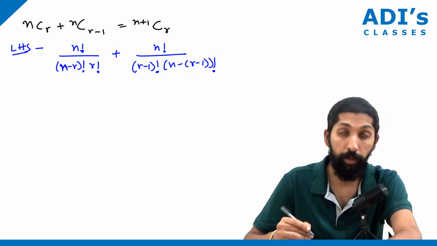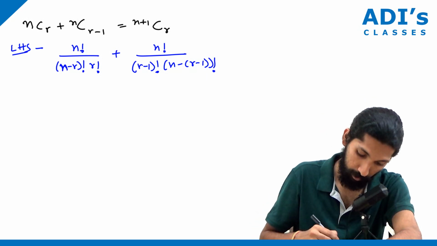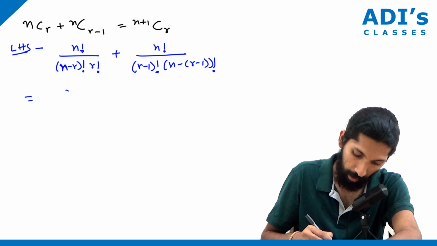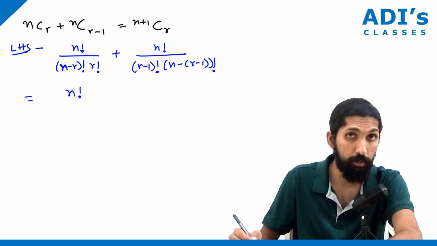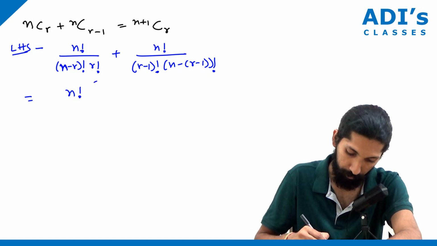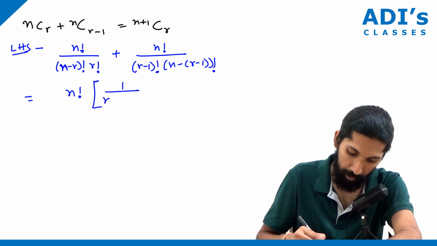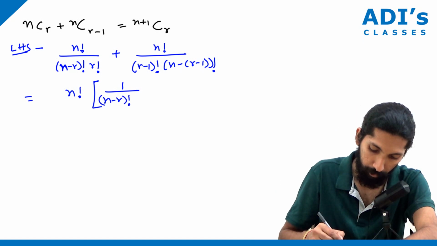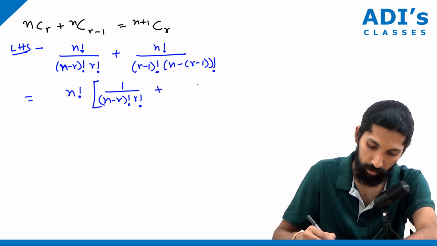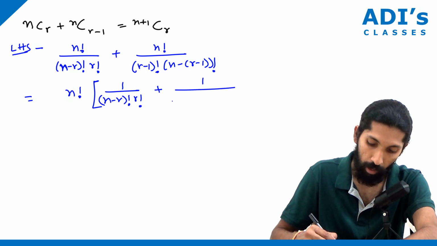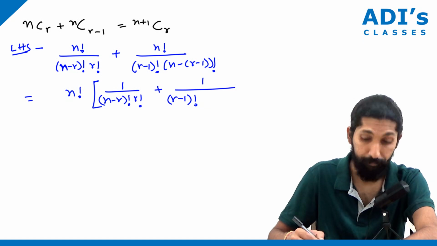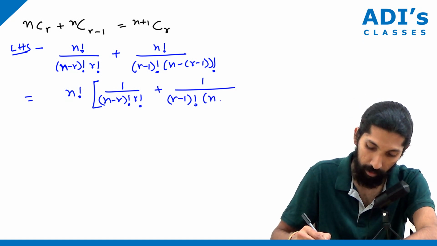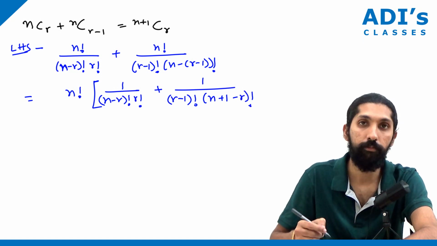Now what we can do, we can take n factorial common. First we'll do this, into 1 by n minus r factorial into r factorial plus 1 by r minus 1 factorial. If you take this one, it's going to become n plus 1 minus r factorial.